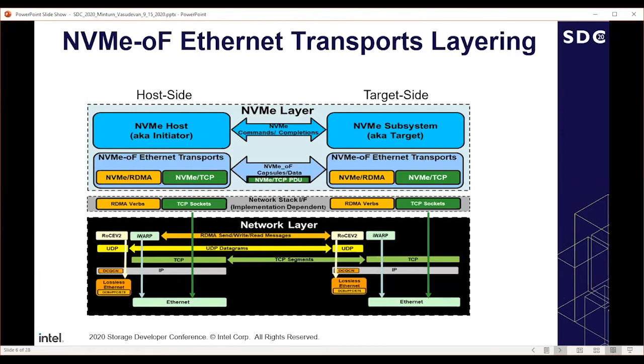TCP sockets is for the TCP transport, and you'll note that in the RDMA, the two variants of RoCE and iWARP, one being UDP on lossless Ethernet, the other being TCP on regular Ethernet. That's pretty much what you see from the network layering and the difference between them.